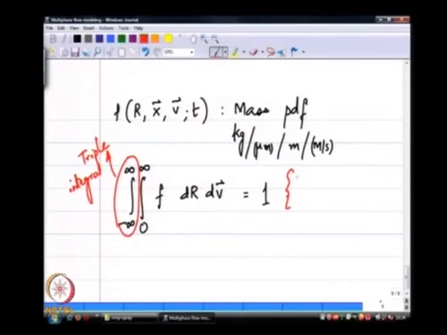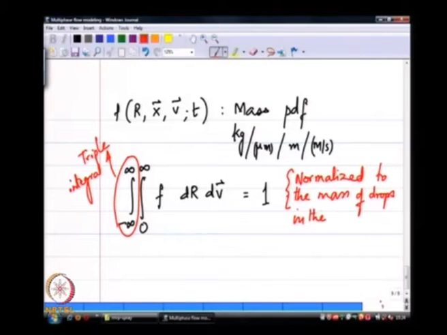So, really speaking, this is normalized to the mass of drops in the volume x to x plus dx.